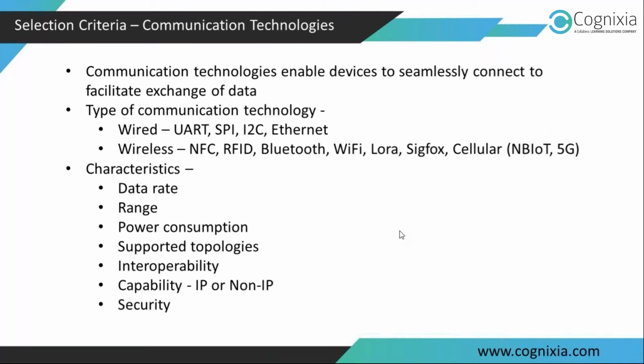Similarly, we have a power optimized version of Wi-Fi called Wi-Fi HaLow, right? So most of these areas are being optimized. You must explore more about these technologies, and that would help you understand how they are going to be used for physical connectivity.